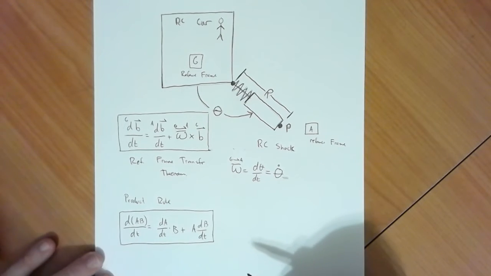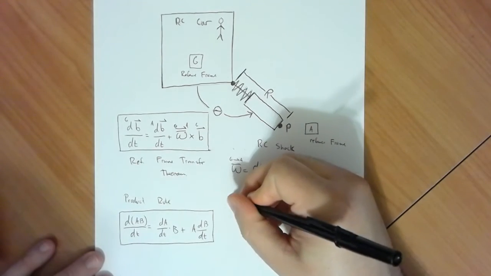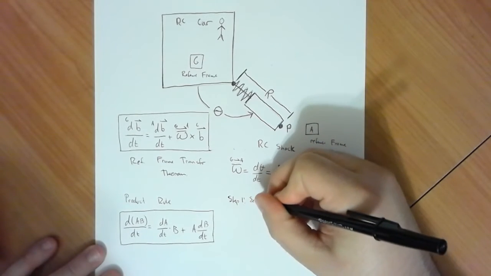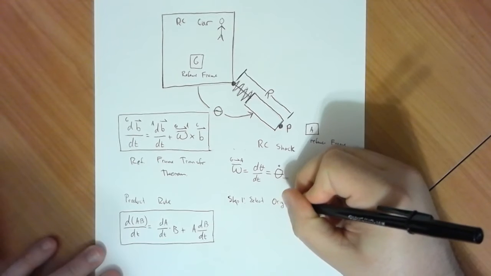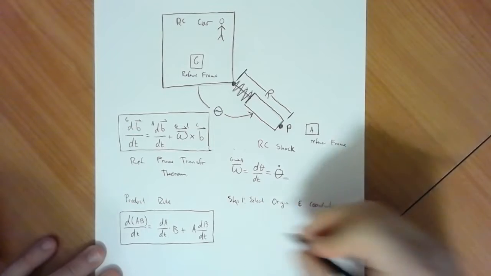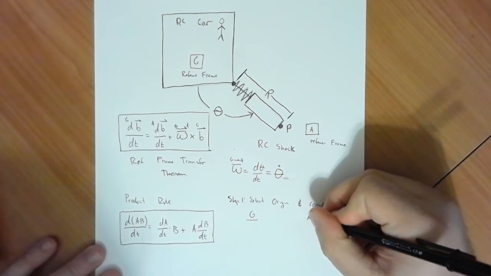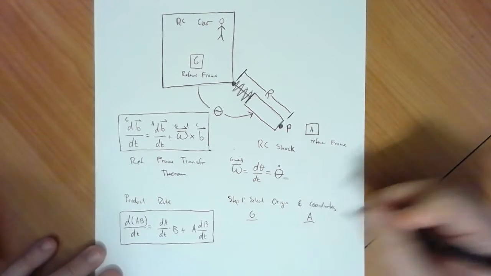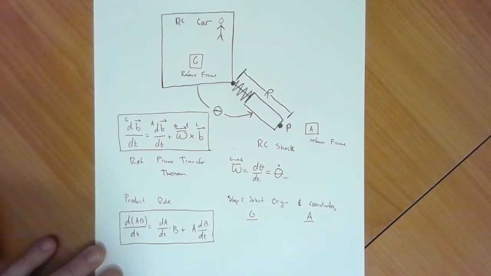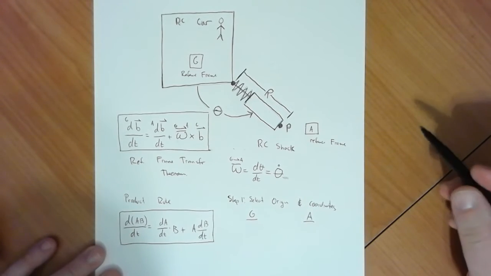The first thing that I need to do, we'll call this step one. Step one is to select my origin and my coordinate system. And I have to do that for each reference frame. So I'm going to have one set of selections for reference frame G and one set of selections for reference frame A. The origin that I want to select is a point that is shared by both reference frames, usually the place where one reference frame is rotating around another one.